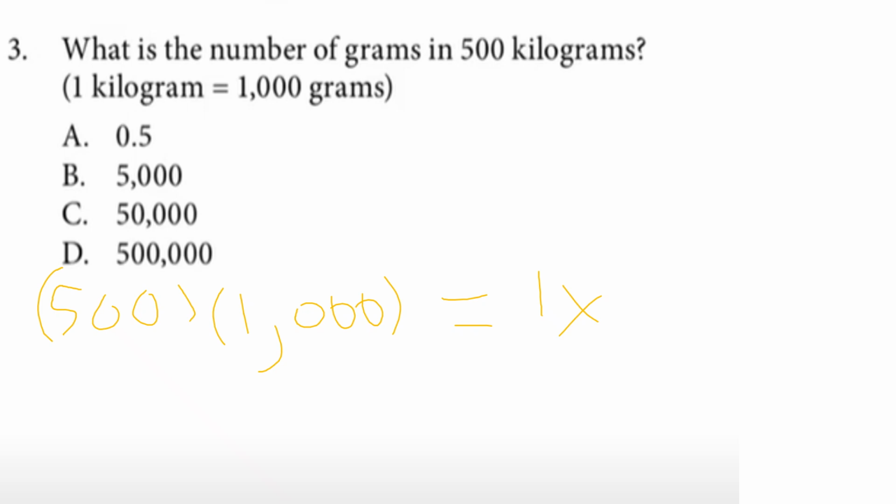So we're going to go ahead and write 1,000 times 500. I probably want to make this a little bit smaller because I'm going to need that space there. So that equals 1x.